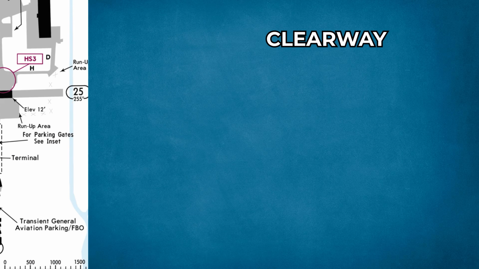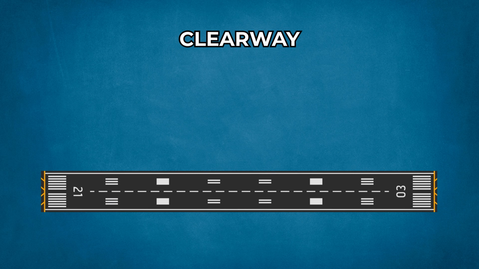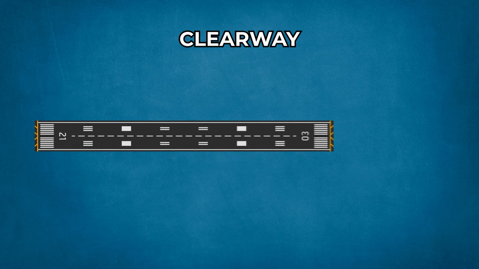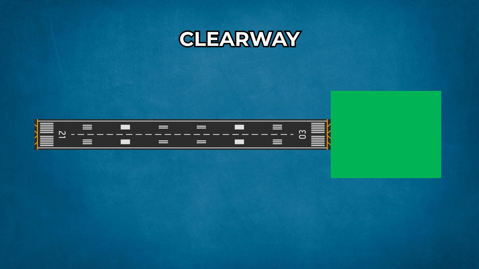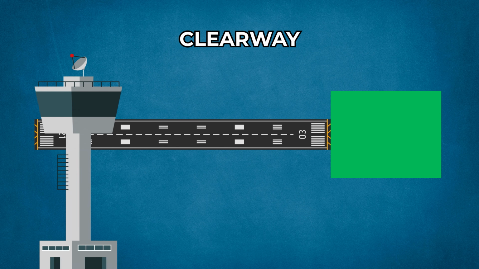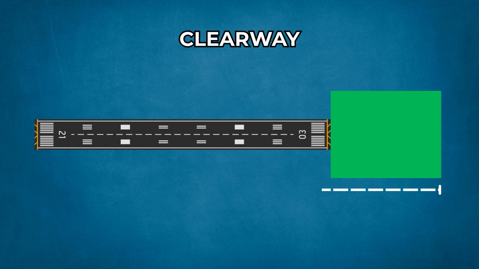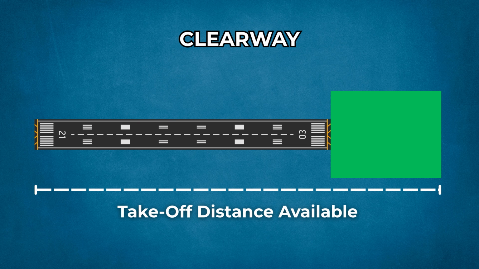Let's continue with clearway. Clearway is the part of runways located beyond the paved part. It is free of all types of material that can be regarded as blockage, and it is controlled by airport authorities. The length of this part may be counted as a part of the length of takeoff distance available, which we will define later on in this video.